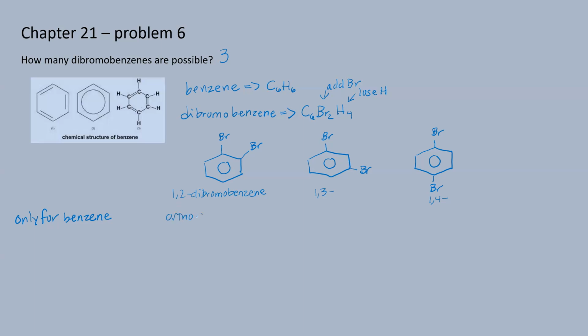So this would be ortho-dibromobenzene. 1,3 is called meta. And 1,4 is called para. So that's just more stuff to memorize, unfortunately.